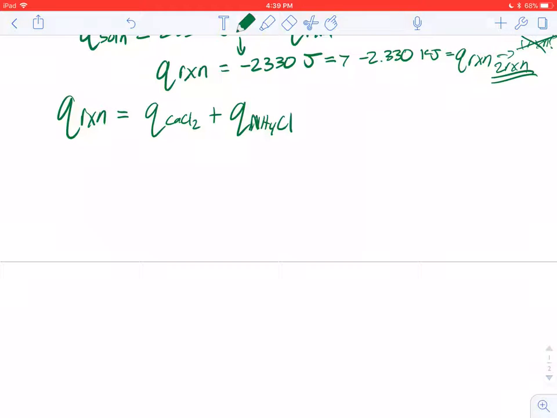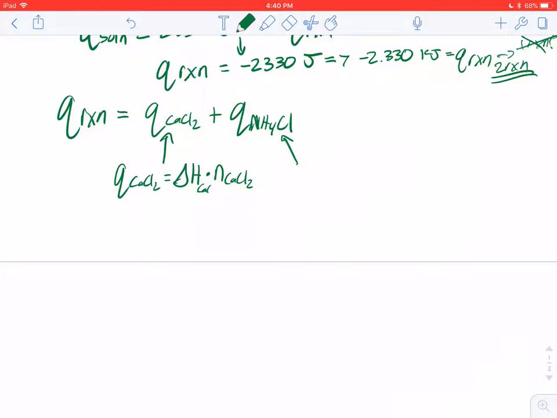Well, if we're going to quantify each of these, we could say the Q of my calcium chloride is equal to the enthalpy change of my calcium chloride times the number of moles of calcium chloride reacted.